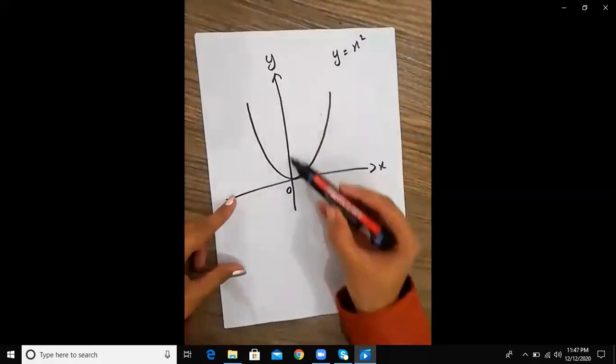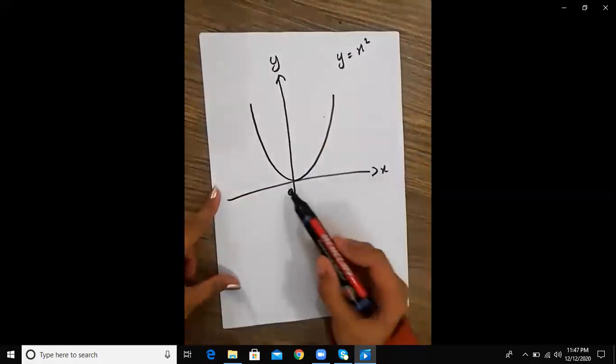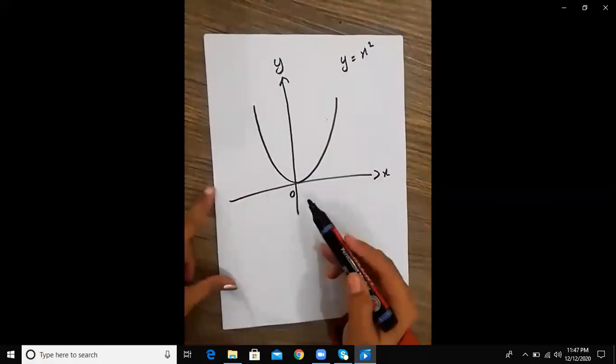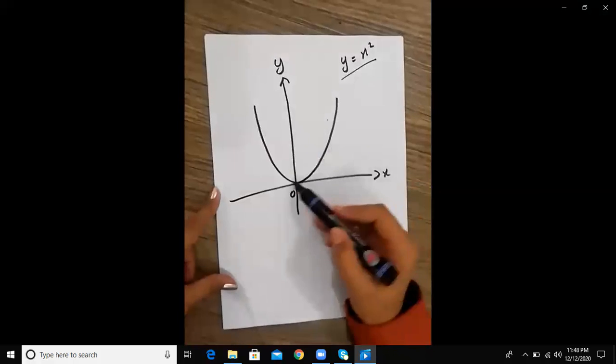Now, if we have an xy plane, with x-axis, y-axis and origin, and we are given a function y equals x square, the graph of the function is a curved graph.